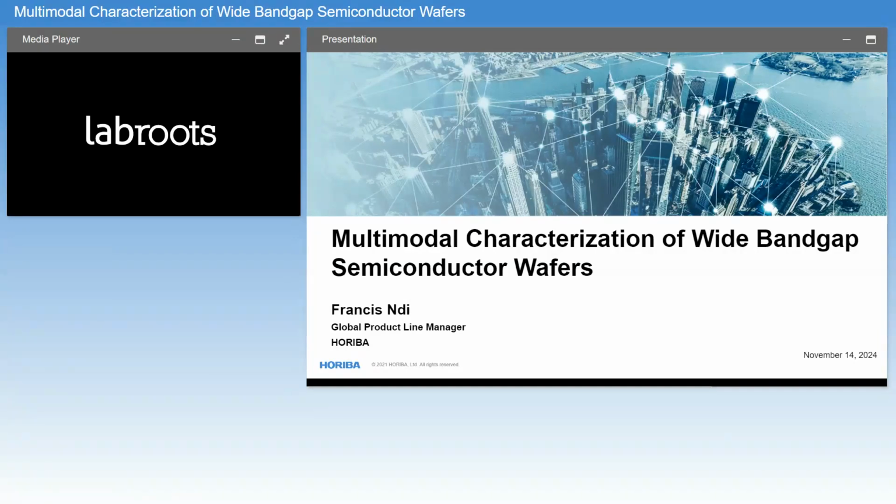Okay. So by way of introduction, let me start with a summary of the talking points for this webinar. We'll start with a very brief introduction of wide bandgap semiconductors, with a focus on the properties that make them interesting and relevant for many applications, and the markets that are driving these types of materials. Next, we will consider silicon carbide as an example to illustrate the typical fabrication process of these types of wafers.